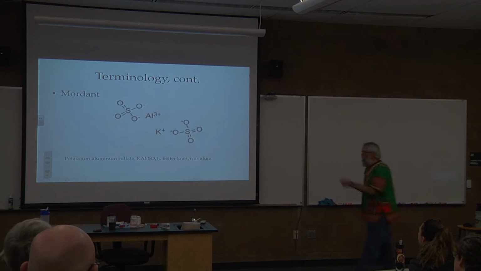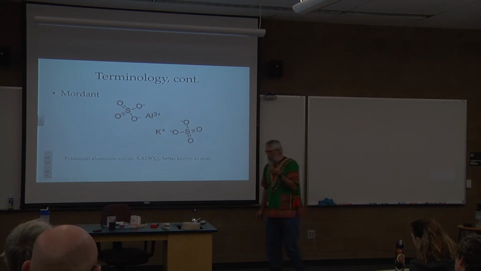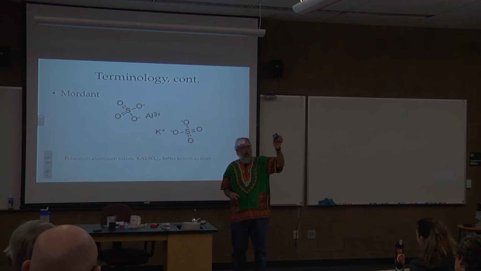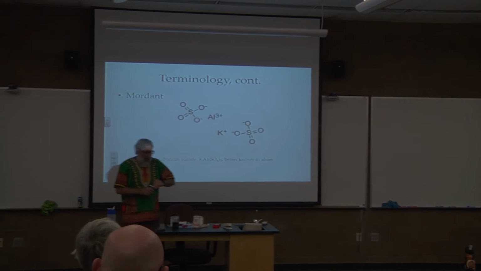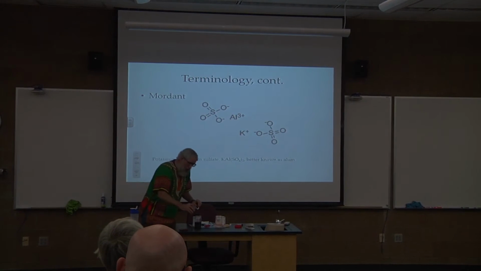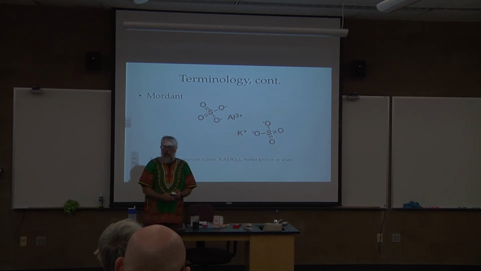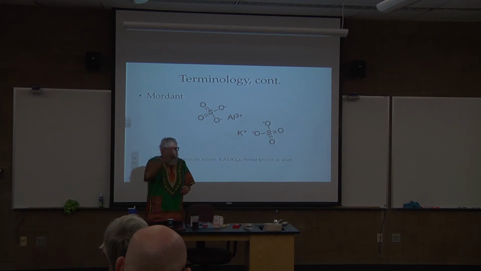One example is this, potassium aluminum sulfate, better known as alum. And you can just get alum at the grocery store, that's where this came from. And if I put a little bit of alum into this beet juice, I have to confess I'm not really sure how much to use, but we'll see if that swirls around. Now I'll put a second piece of cloth in there.